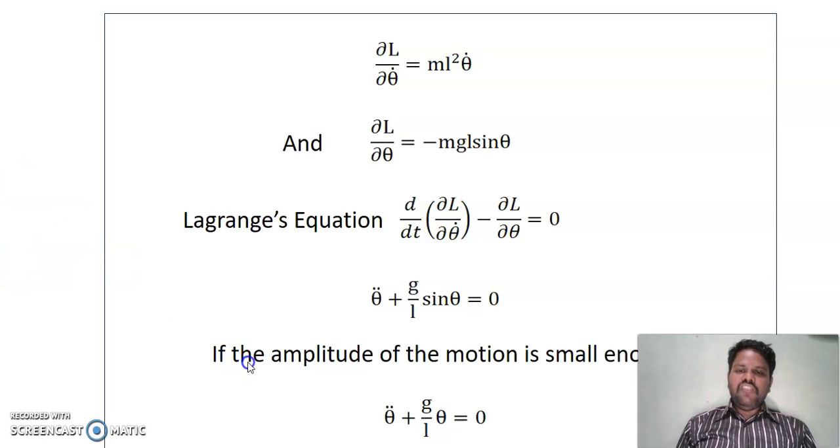Note that if the amplitude of the motion of a simple pendulum is very small, sine theta is approximately equal to theta. Then the above equation reduces to theta double dot plus g by L into theta is equal to 0, which is also an equation of motion for small amplitude.